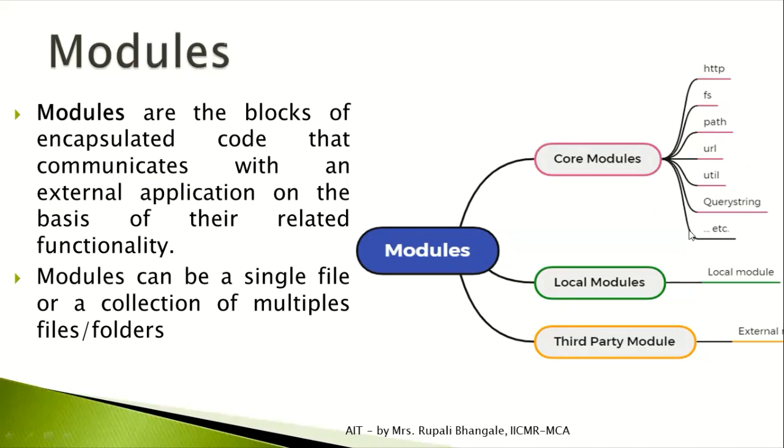There are so many modules available with Node, and we will be discussing those modules in detail. Then the local modules are the user-defined modules which you define and import within your code. And last but not the least, the third-party modules are external modules which we install with the help of NPM.